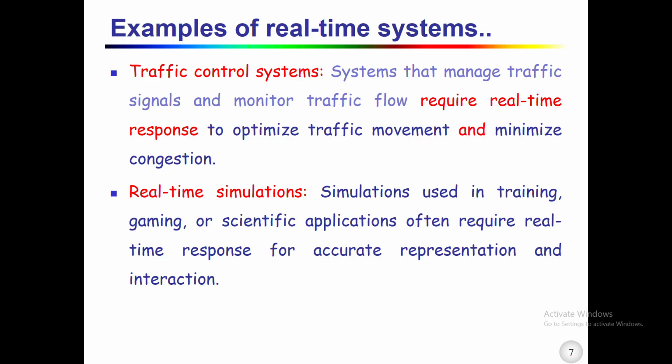Systems that manage traffic signals and monitor different traffic flows require real-time responses to optimize traffic movement and minimize congestion. Okay, this is mostly done by traffic officers, but it's better to implement a real-time system whenever traffic officers are not available, to avoid congestion on a roadway and keep it safe.